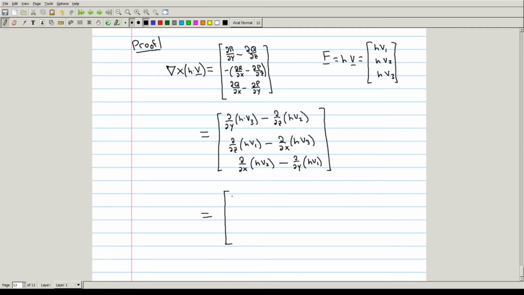We'll get h times dv3 dy minus dv2 dz, and this will be plus the y partial derivative of h times v3 minus the z partial derivative of h times v2.